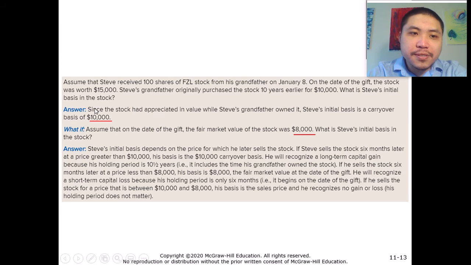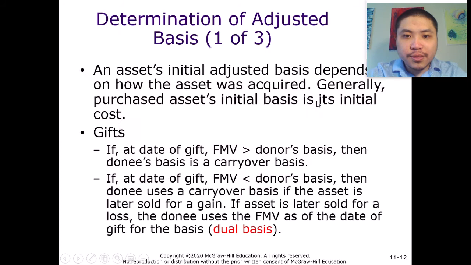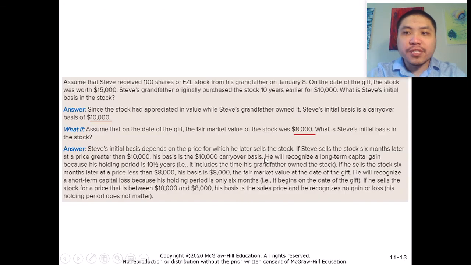The answer is $10,000, because this stock had appreciated in value while Steve's grandfather owned it. So at the date of the gift, the fair market value is greater than the basis, which is our first scenario. That's why Steve's initial basis is going to be $10,000, which is the carryover basis from his grandfather.